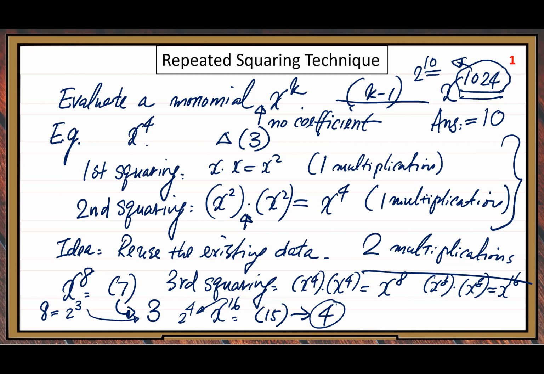That's the reason why the power function is so fast: because this repeated squaring technique is used.